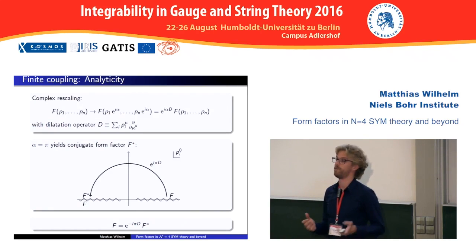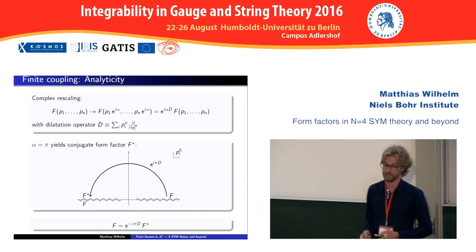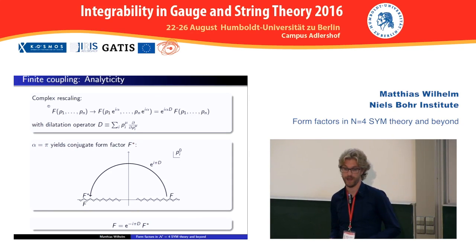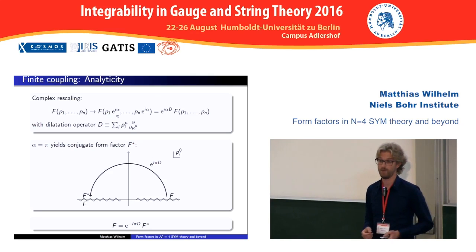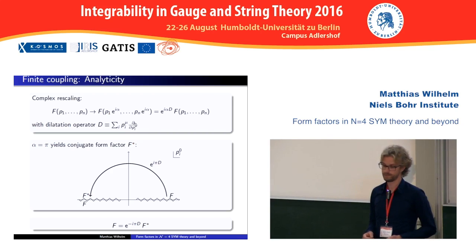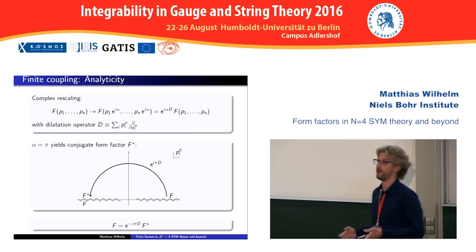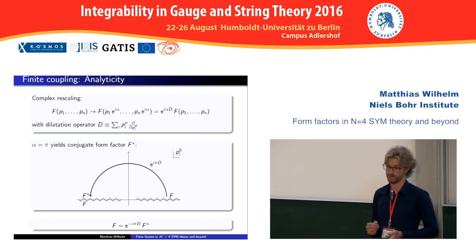Let us begin with some very general considerations at finite coupling. We consider a form factor, f, now in a plain font, and rescale all momenta by a common phase alpha. This rescaling is given by the dilatation operator, which is the sum of p_mu ∂/∂p_mu. Due to Feynman's i epsilon prescription, form factors are not real, but slightly imaginary.